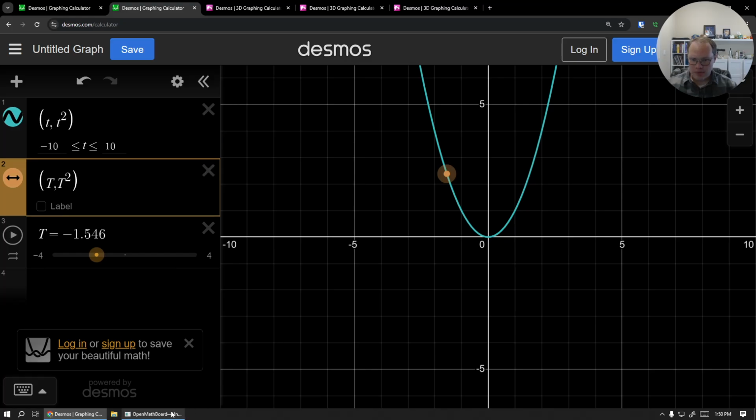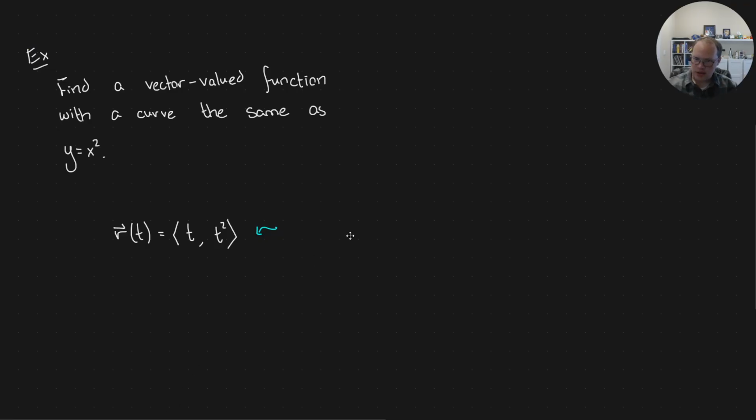There are other examples I want to show you. Let's consider this one. Cosine of t, sine of t, t. So now this is in three-dimensional space.